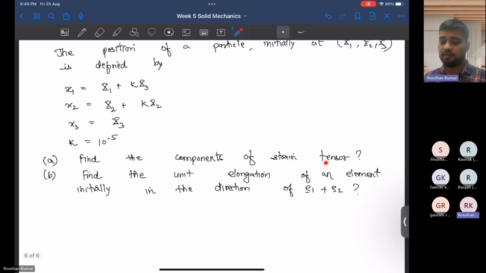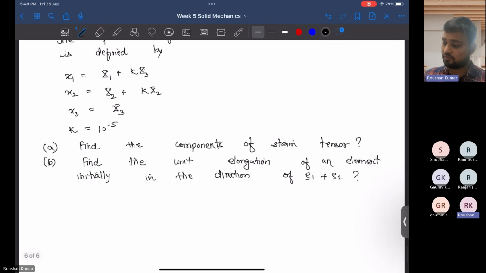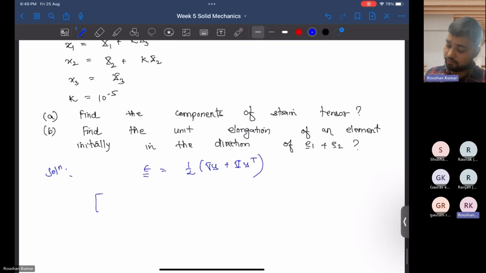So here strain tensor typically means the infinitesimal strain tensor. So first we have to find the infinitesimal strain tensor. The solution is: epsilon is given by half of grad u plus grad u transpose. First we will find the components of grad u.